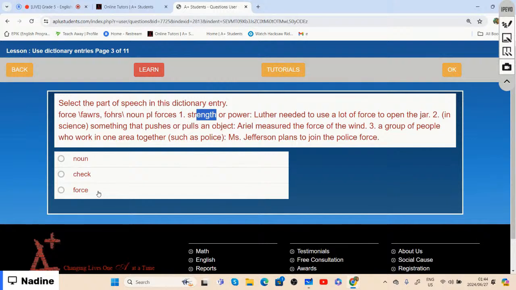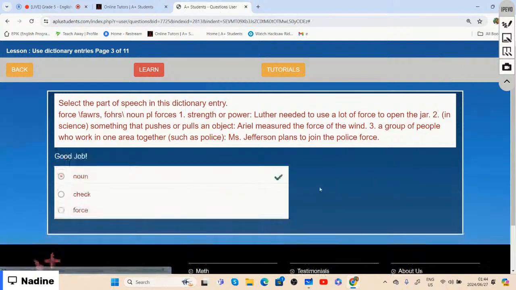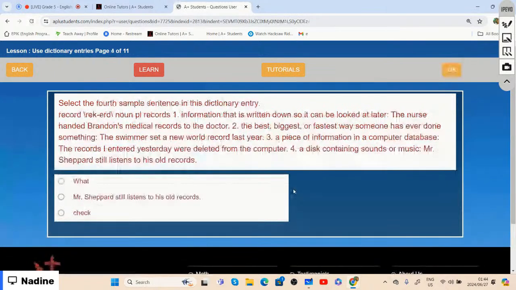All right, so if we were to select our part of speech, then it would be a noun. Yes, and a noun is correct. It is a noun.